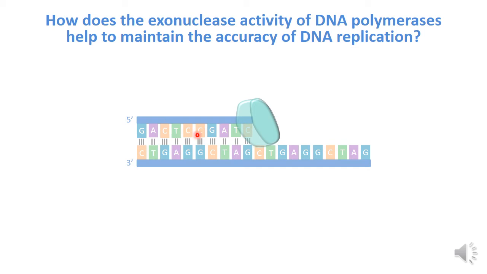It's a primer which is currently being elongated by the DNA polymerase enzyme. And this is the most recently added nucleotide to the growing polynucleotide chain. At the moment, what is its location? Is it located within the polymerase site or within the exonuclease site? It is located in the polymerase site of the DNA polymerase enzyme.